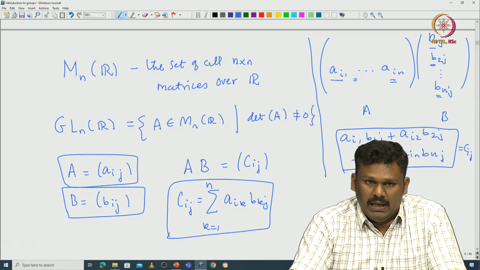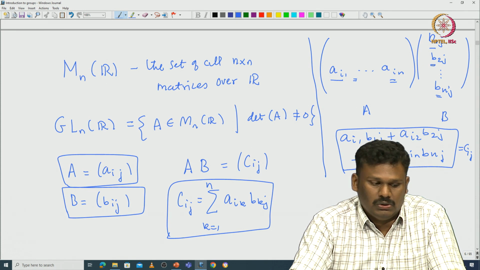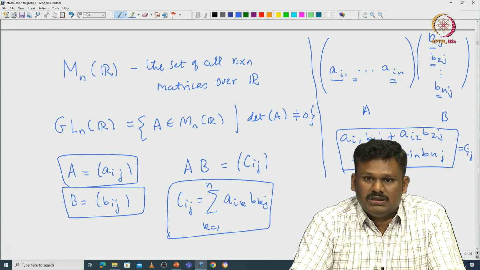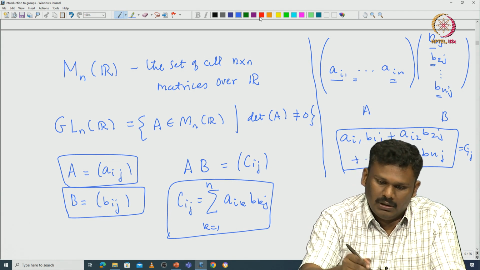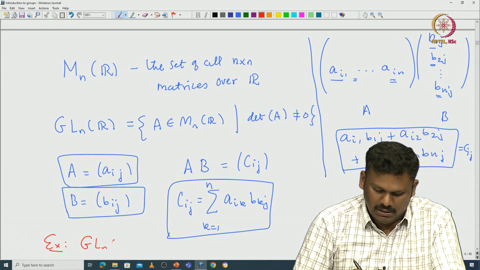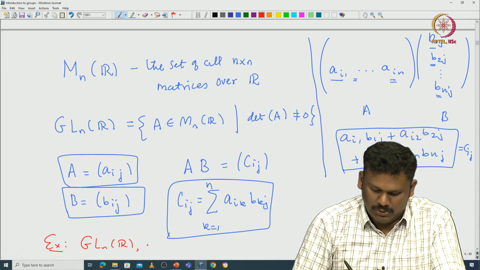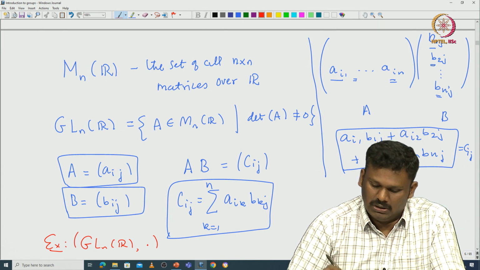And once A is invertible, then A inverse is also invertible, that is easy to see. I will leave it to you to check associativity of this multiplication and so on. In particular, this set GL_n of R with respect to the multiplication of matrices forms a group.